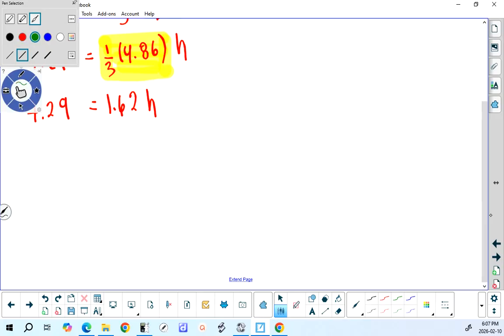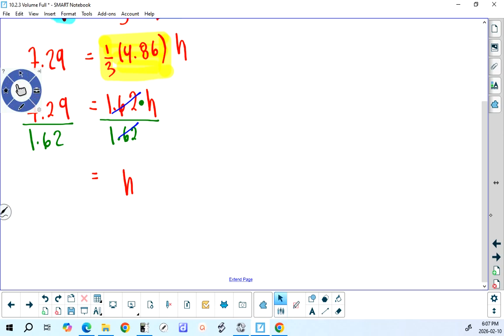All right, right now we're multiplying h by 1.62. So we're going to divide both sides by 1.62. And of course what happens is these cancel and you're left with h equals, what?